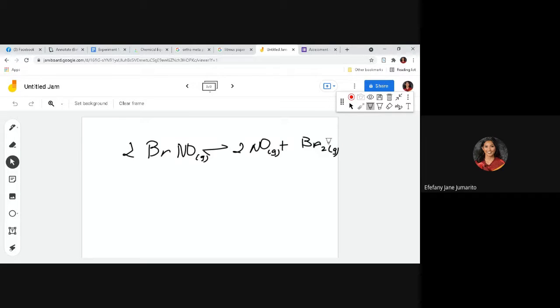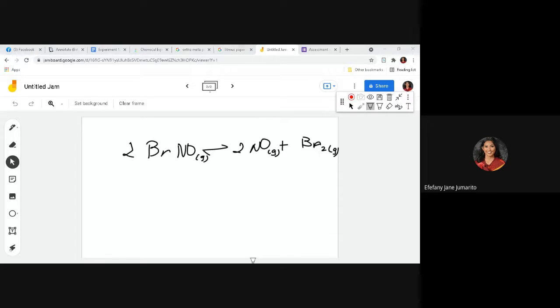Now what will happen if we remove BrNO? What will be the direction? Left, ma'am. Yes, left.